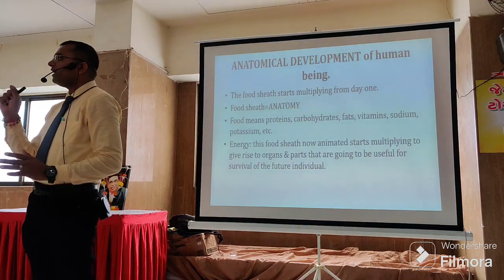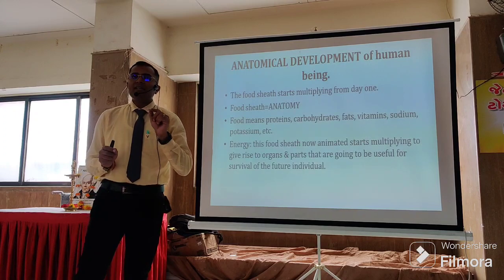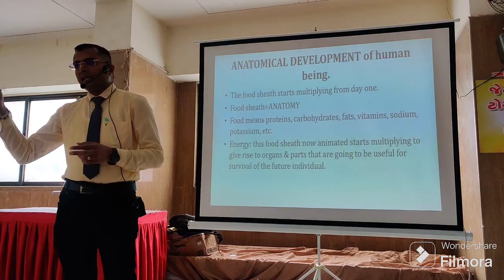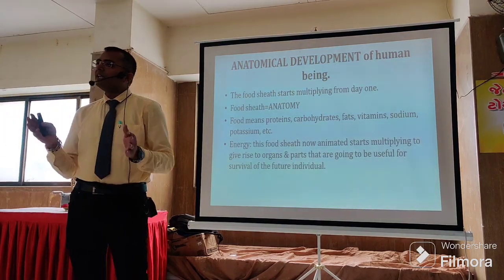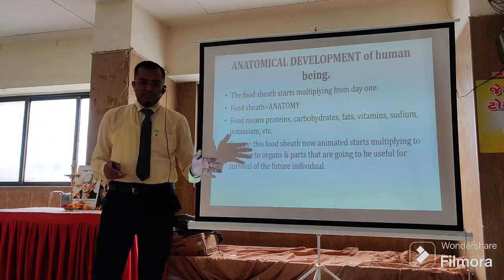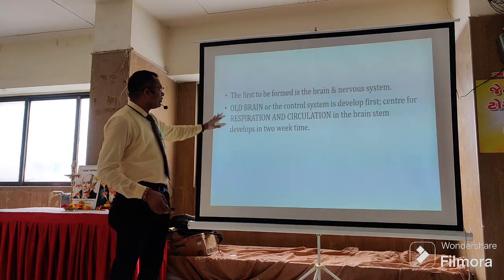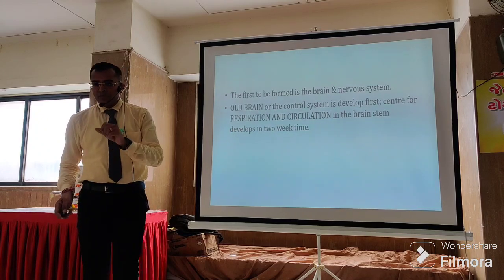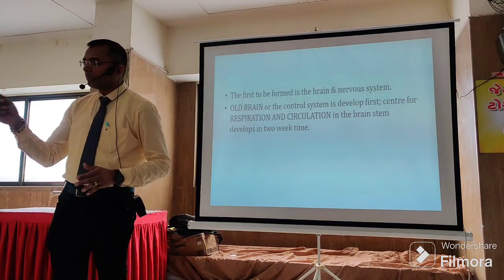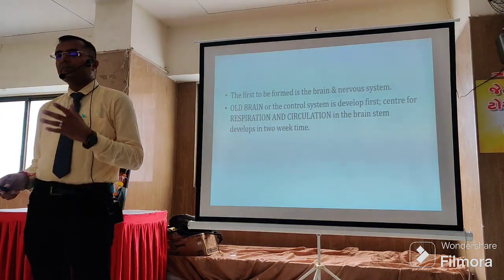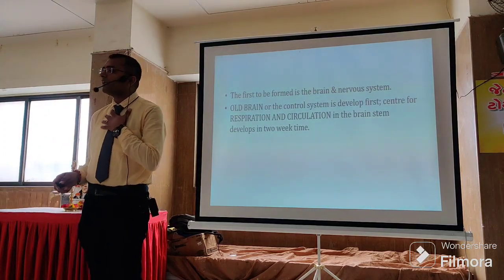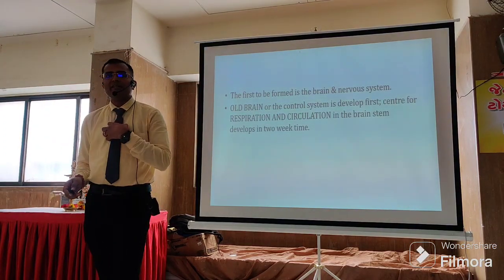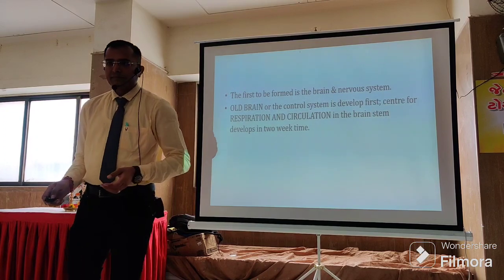But if certain genetic mutations happen, that will stop or accelerate, and it will give rise to the developmental process. Okay. So the first to form is the brain. So brain and nervous system is the oldest one. So the old brain first, and it controls the first centers of respiration and circulation. So everything starts with the old brain.